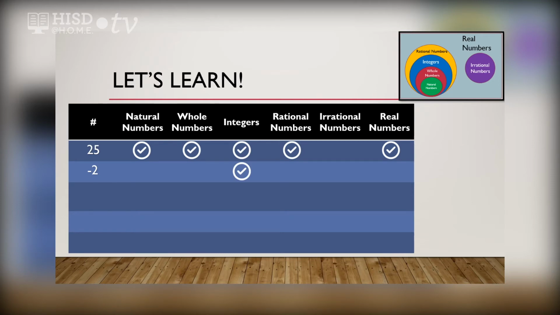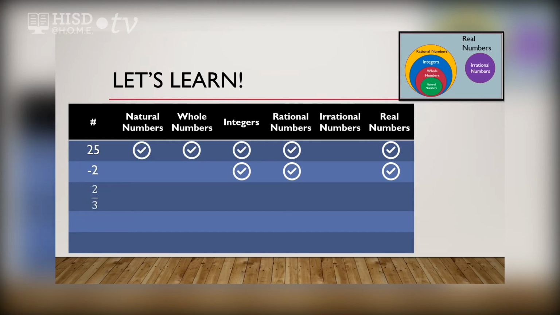Very good. And I know that the integers are a subset of rational numbers. Very good. And I know that the rational numbers are part of the bigger rectangle that is called the real numbers. Good. Good so far. Let's see how you do on the next one.